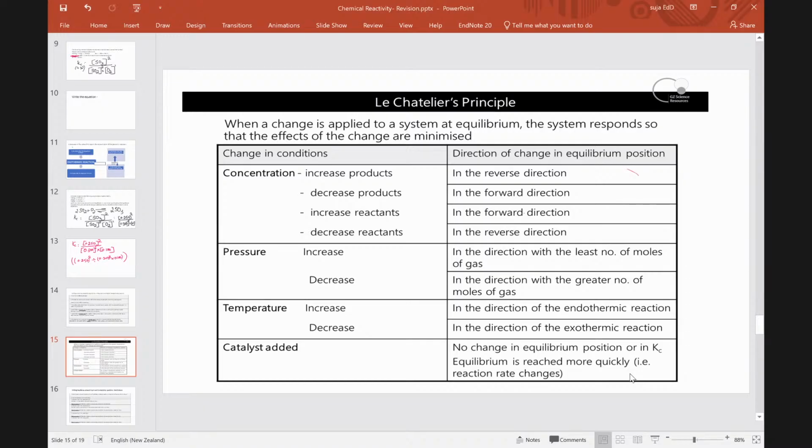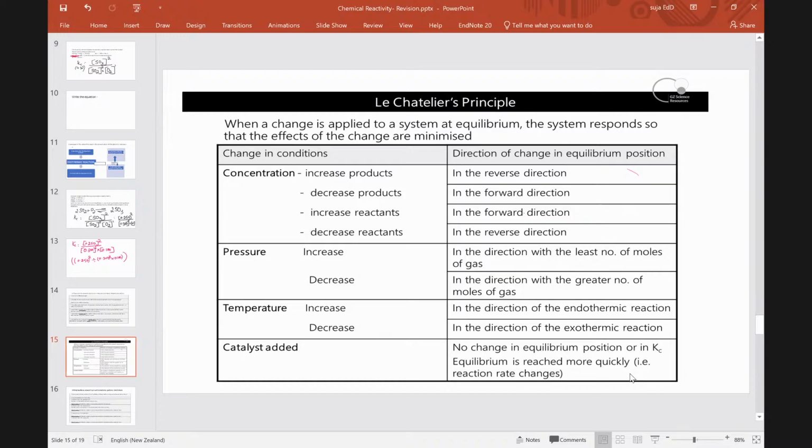This chart tells you how it works. Remember that whether the forward or the reverse direction is favored depends on the conditions. If the condition changes, the direction which is favored changes. That's what you have to remember.